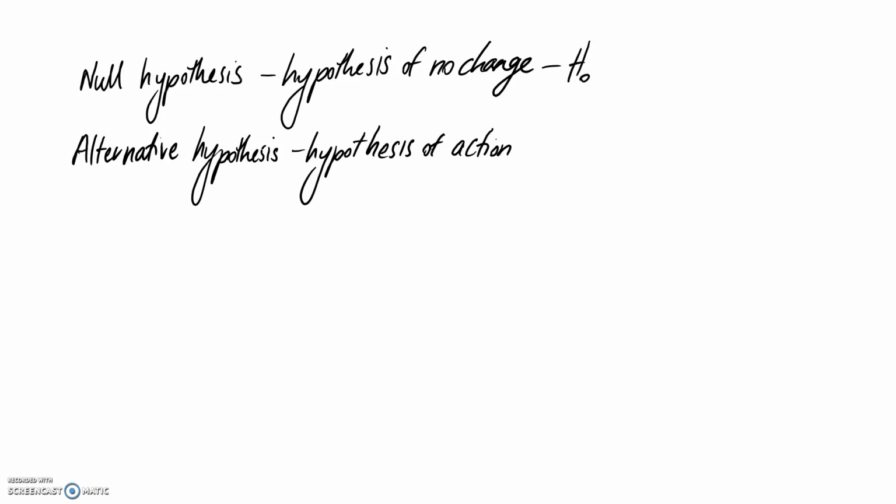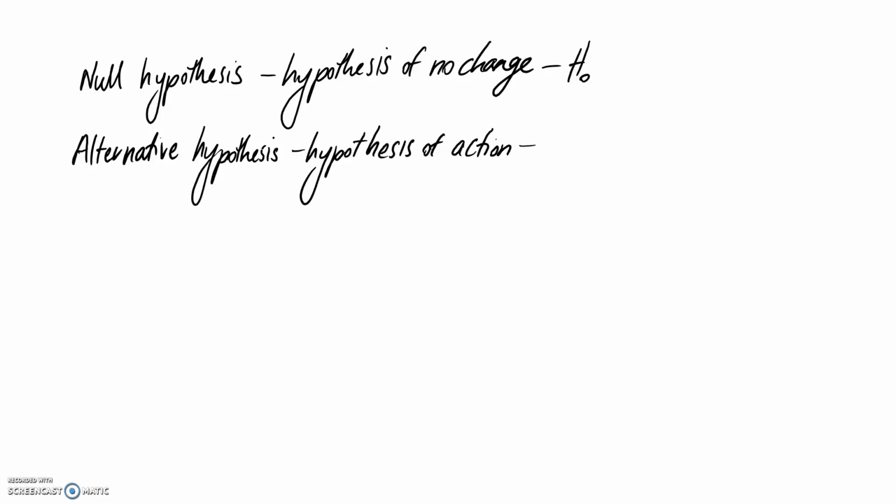In terms of the alternative hypothesis, this is the hypothesis of action, or you can think of it as the hypothesis of change. So you're not going to maintain the status quo. In the case of looking at basketball players compared to the general population, the alternative hypothesis might be that basketball players are taller than the general population.